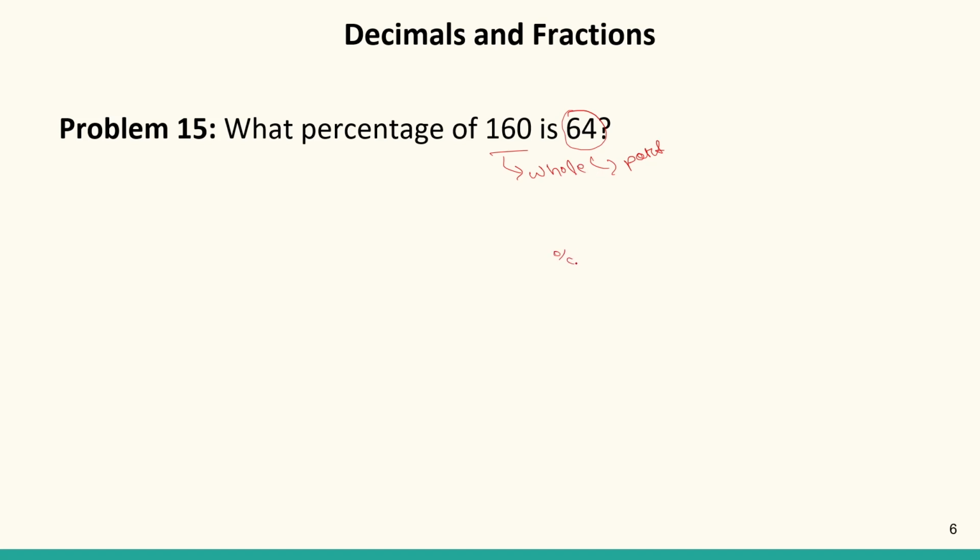So we use the formula: x percentage is equal to 64 by 160 into 100. 64 is nothing but 16 into 4, and 160 is nothing but 16 into 10. So we get 4 by 10 into 100, which is 40%. This is the answer.